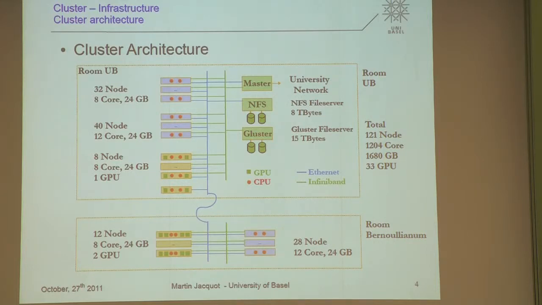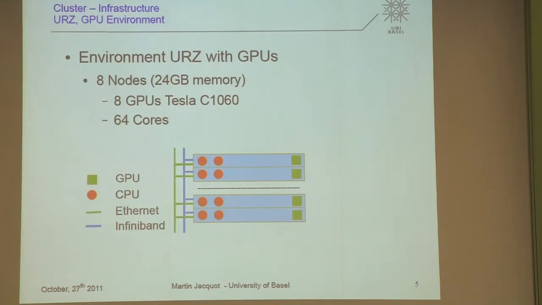Then in the other room, we have also normal nodes and 12 nodes with GPUs. The whole thing is connected through Ethernet or InfiniBand, but we have no InfiniBand connection between both rooms. Okay, now we will have a look at the environment within the first room.